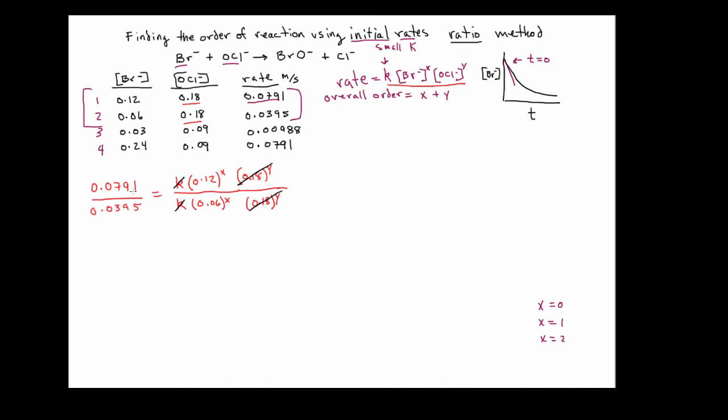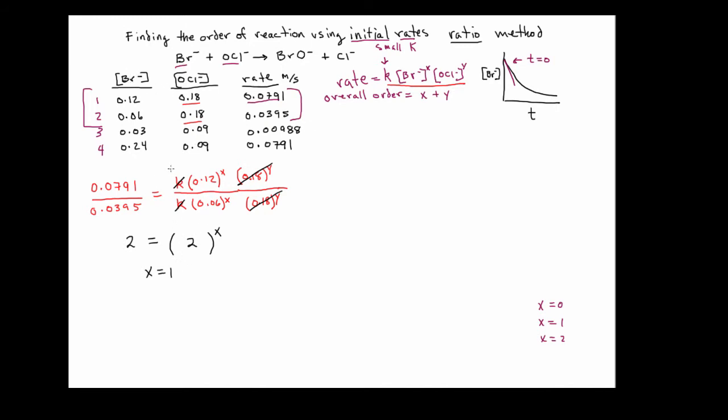Now, when we carry out the arithmetic, you see that on the left side of our equation this ratio is equal to 2, and on this side the ratio inside the bracket also is 2 raised to the x power. The only way that these two quantities could be equal is if x is equal to 1. So we have found the order of reaction for the Br minus. It's going to be 1.